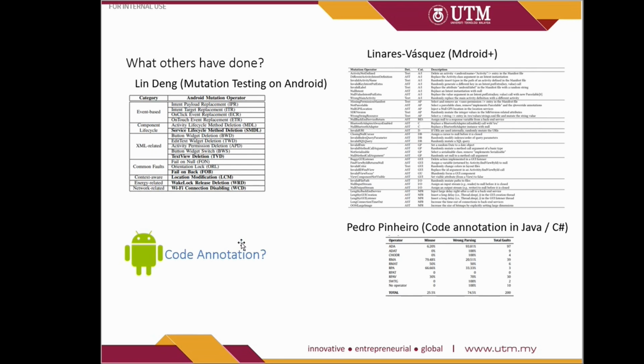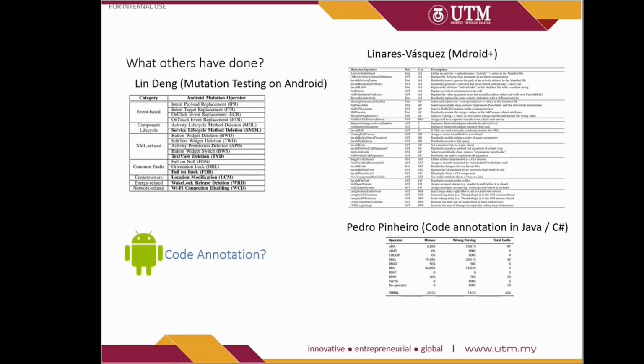Let's look at what others have done. First, researcher Linares-Vásquez focused on mutation testing on Android, where he split all the mutation operators based on different categories like event-based, component lifecycle, XML related, common faults, etc., as you can see on the slide.